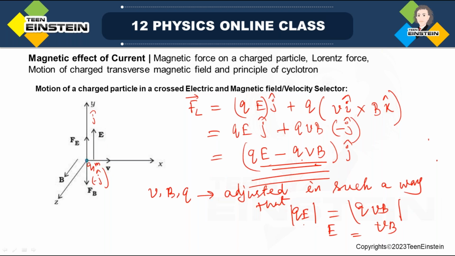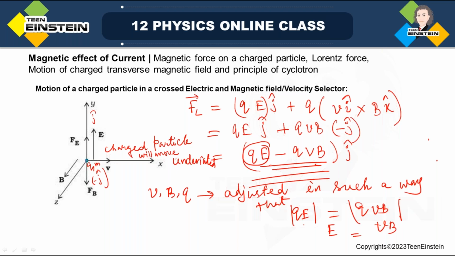When the magnitude of the electric force and the magnitude of the magnetic force become exactly equal to each other, the charged particle will move undeviatedly.